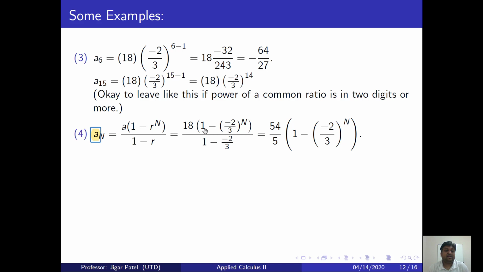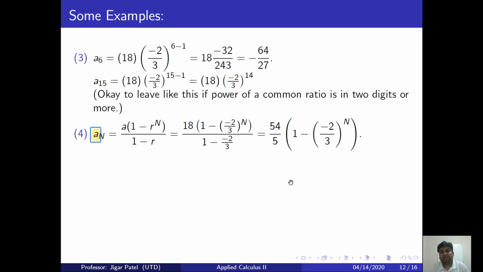I get 18 times 1 minus negative 2/3 to the n divided by 1 minus negative 2 over 3. If you simplify the denominator, you get 3 plus 2 over 3, which is 5 over 3. Bottom of the bottom will go into the top. So I get 54 over 5 times 1 minus that common ratio to the power n. This is the simplified form of the sum of first n terms.